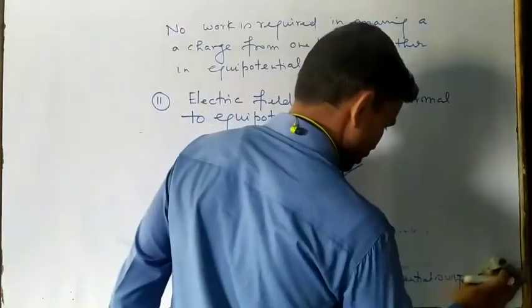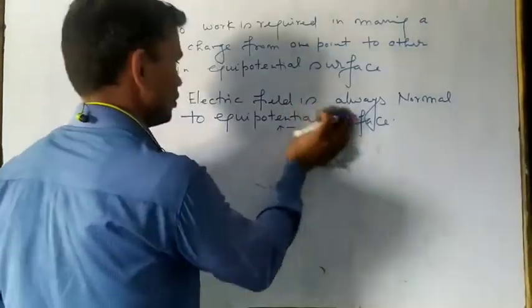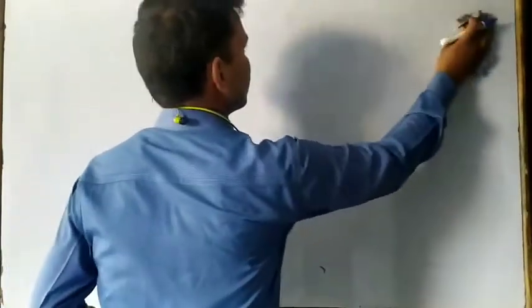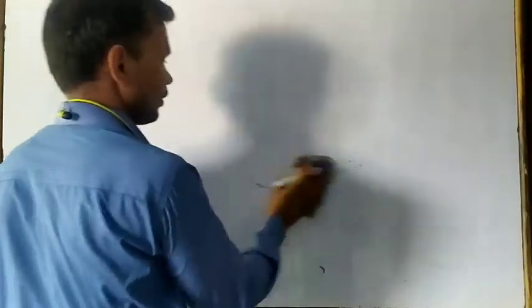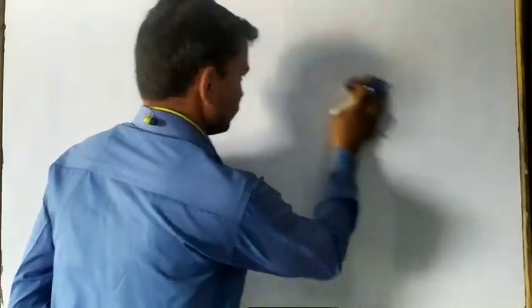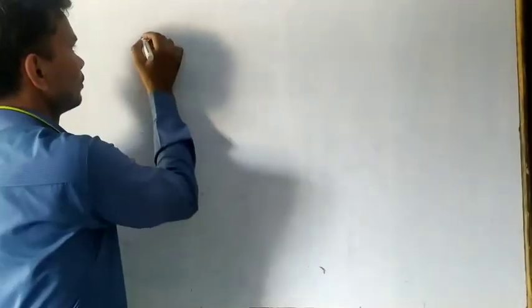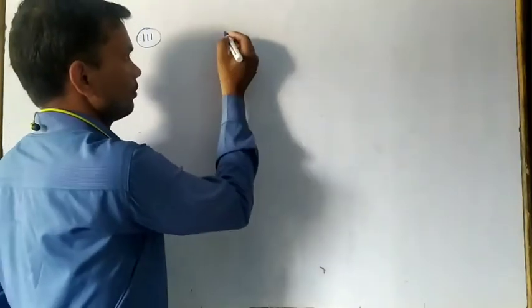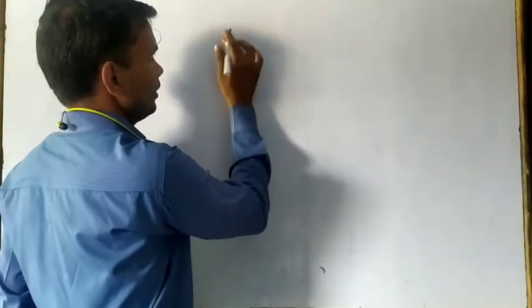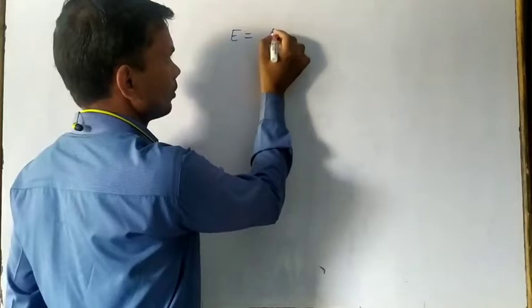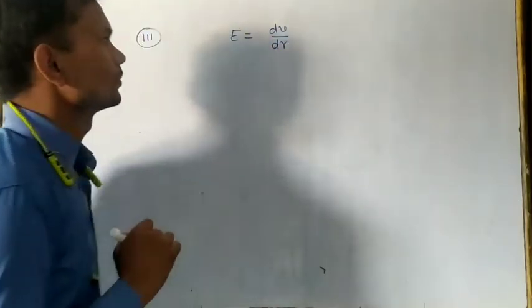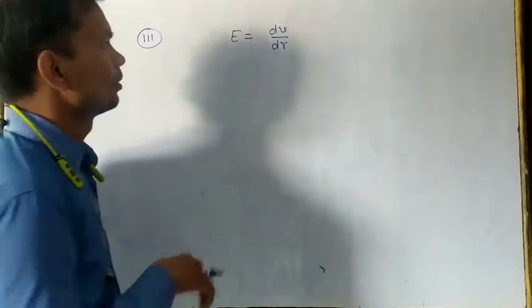After this one you have to see the third. We know this relation we discussed today, E equal to dV by dr in magnitude, right?